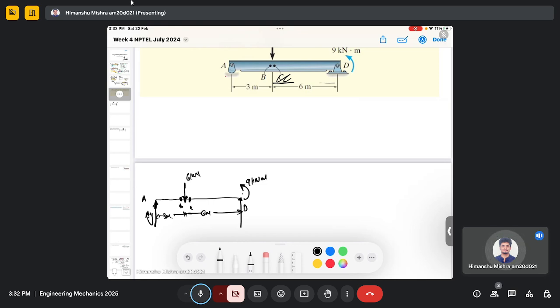So if I take the moment at point D and assuming that clockwise is positive and anti-clockwise movement is negative, then I will have AY multiplied by 9 minus 6 multiplied by 6 equals 0, and this 9 also. There is a moment which is acting at point D, so we have to consider that, and this is minus 9 because this is anti-clockwise.